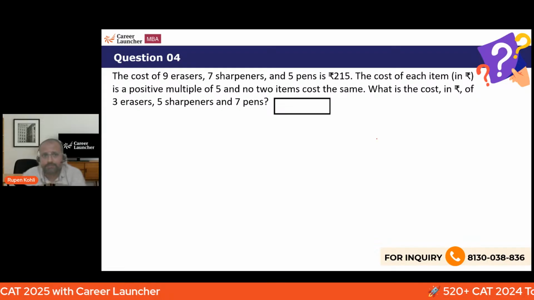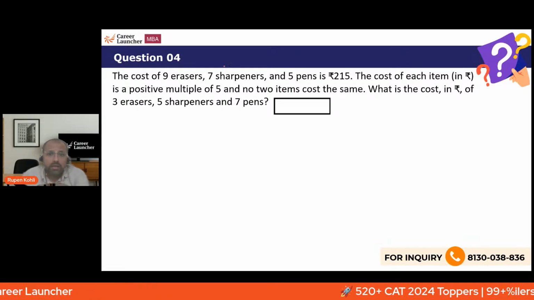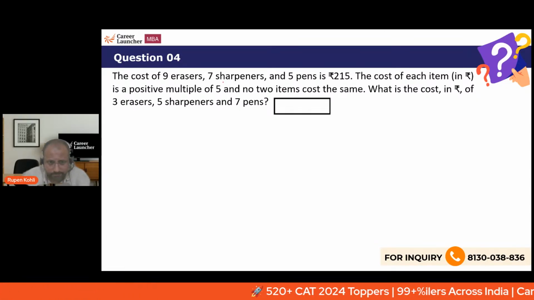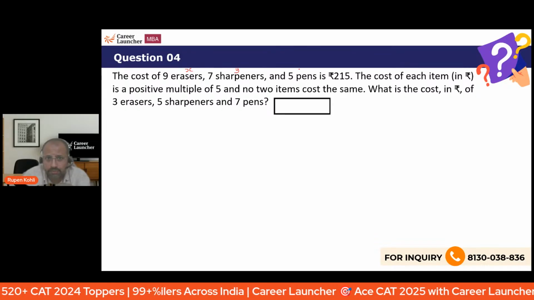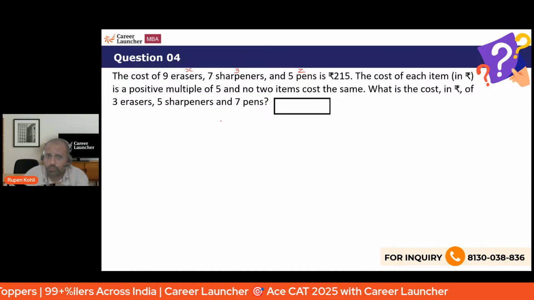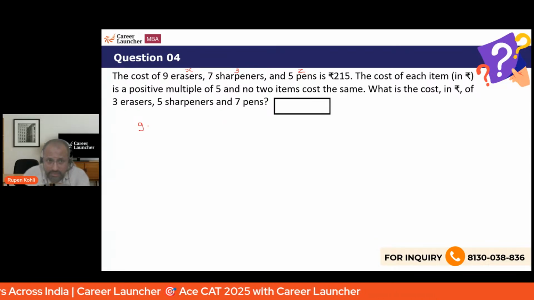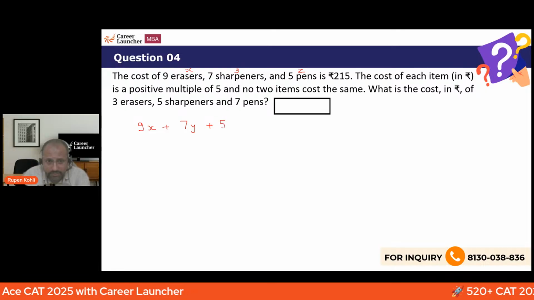Now, here it is. What is your equation? Let's write the 3 variables. Let's say one eraser costs X rupees, one sharpener costs Y rupees, one pen costs Z rupees. What is your equation? 9X plus 7Y plus 5Z is 215. This is given. What is given on top of that?